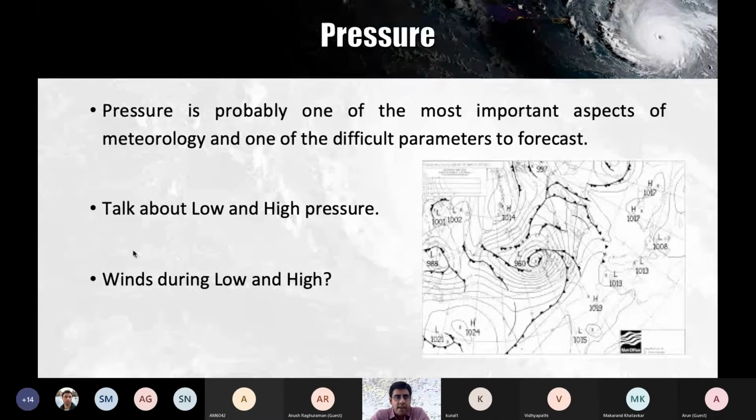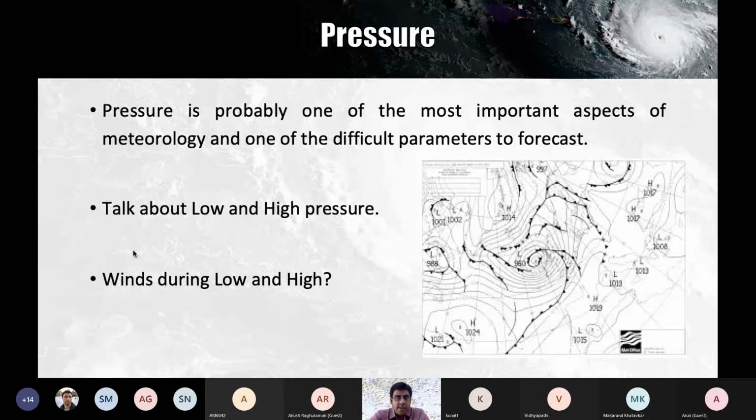Whenever you look at those charts, pressure is the most important aspect that you look for. Like, where is the L, which is the low pressure? Where is the H, which is the high pressure? So pressure is probably one of the most important aspects of meteorology, at least if you ask any fluid dynamicist, like me. To me, pressure is one of the most important aspects and one of the most difficult parameters to forecast, because a lot of uncertainty is associated with measurement of pressure.